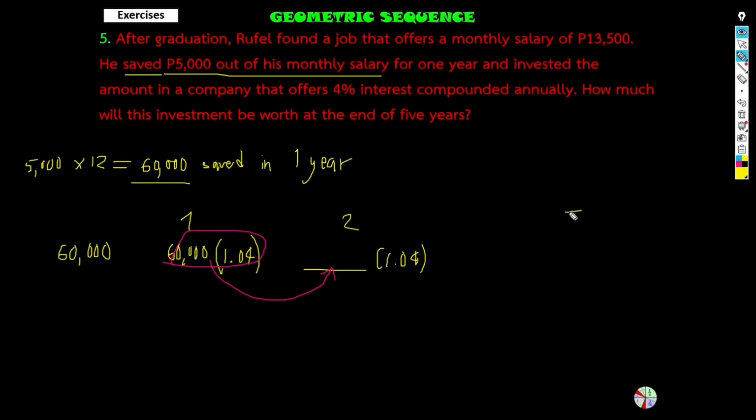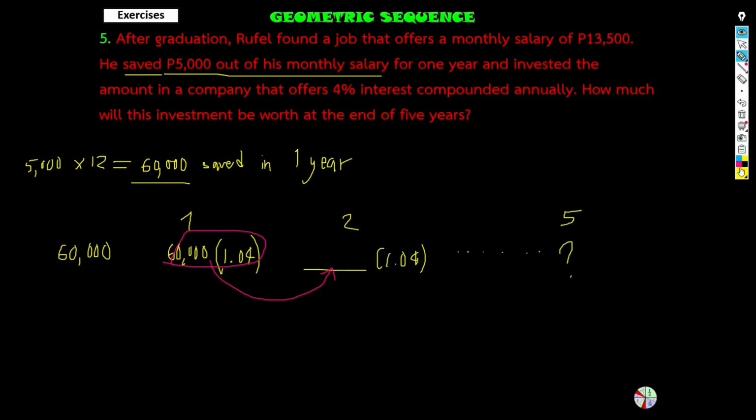So after 5 years, how much will this investment be worth at the end of 5 years? He needs to get the interest here. At the end of 5 years, how much will the money be?